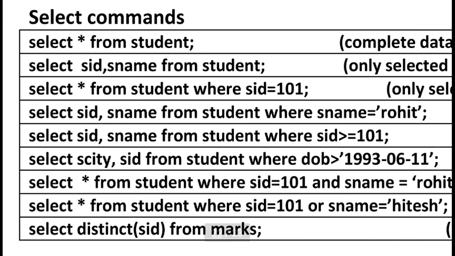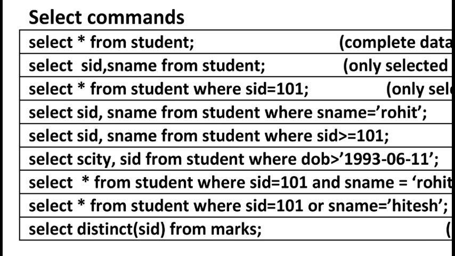That means student IDs from 101 upward will display, but only the SID and SNAME columns. Here you can see SELECT SCT, SID FROM student WHERE date of birth > '1993-06-11'. So for dates of birth greater than this, you will see only SCT and SID.